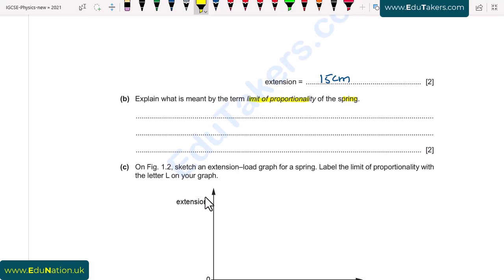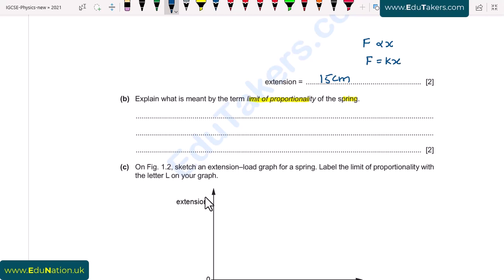So this is basically the limit where Hooke's law is obeyed, that extension is directly proportional to the load. In Hooke's law, the load is directly proportional to extension and this only holds in the limit of proportionality where we write F is equal to Kx.